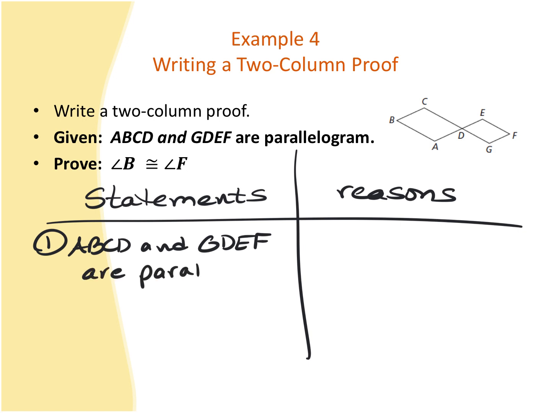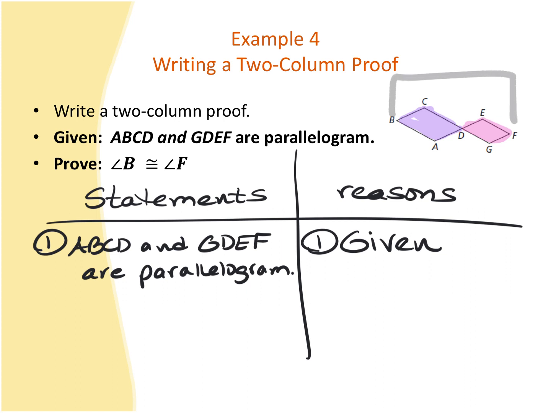And if you don't want to write out this whole big word, you could just put a picture of a parallelogram, and this is given. So I've got this parallelogram over here, the ABCD, and then this one right here. They want me to show that angle B and F are congruent. So an angle from each one.